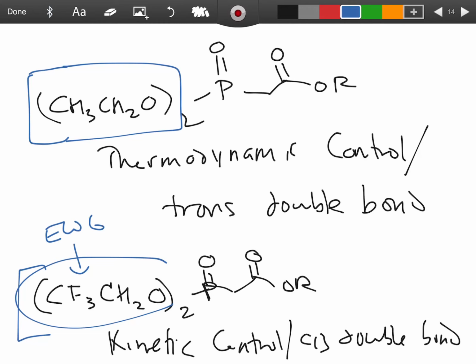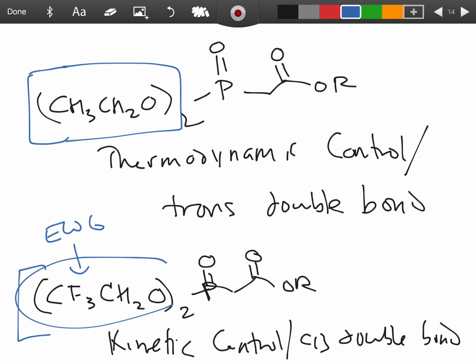To get E double bonds, strongly coordinating metal ions, sodium and lithium, are smaller. They're similar in size to oxygen, so they're going to bind that oxygen more tightly. So if you make the groups around your phosphorus bigger, you're going to destabilize the kinetic pathway, get it closer in energy to the thermodynamic, so you do less of that.